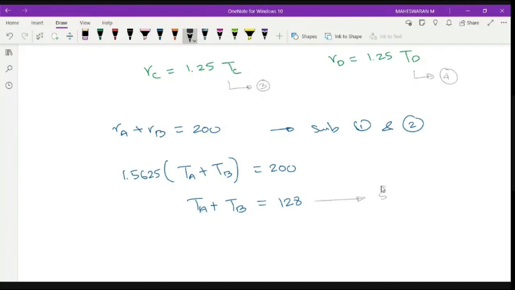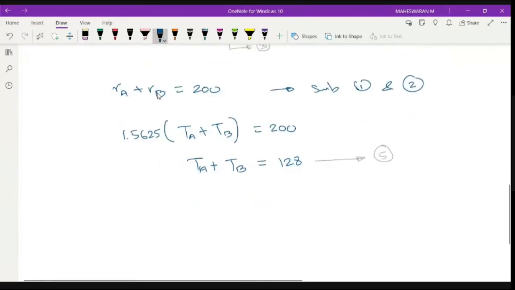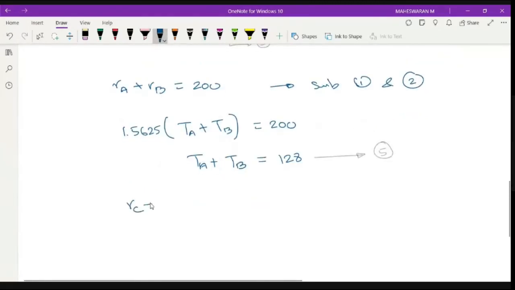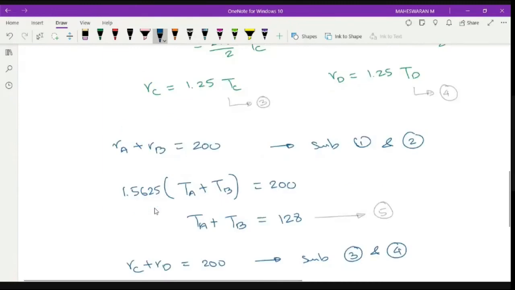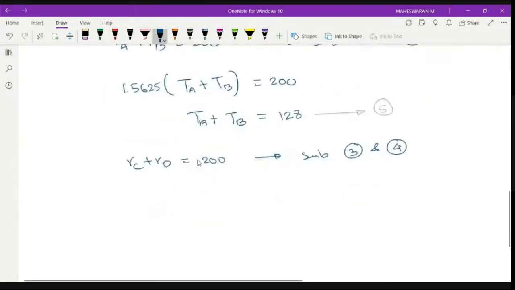You consider this as equation 5. Similarly, I can also say RC plus RD. For this, I am going to substitute, using equations 3 and 4. So I'll get 1.25 as a common term.